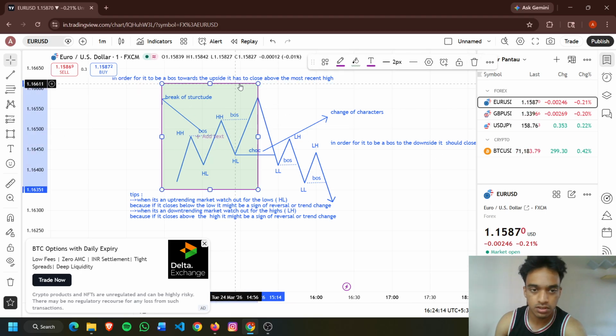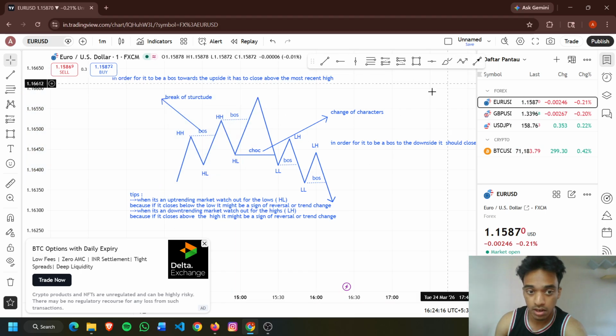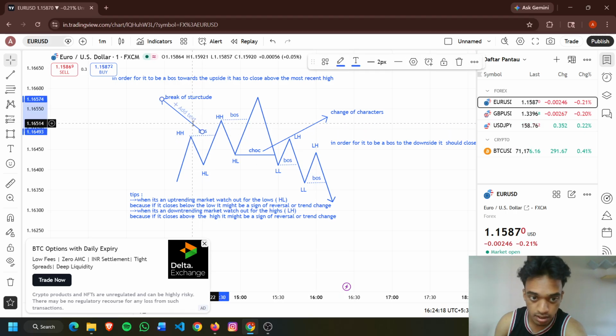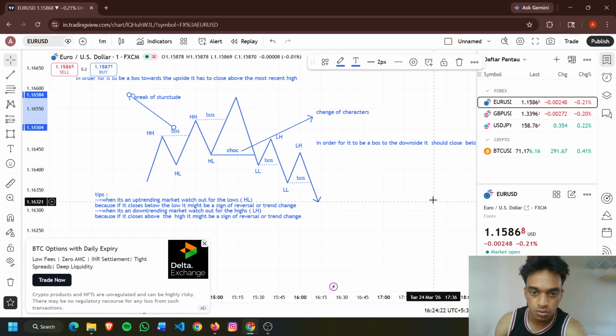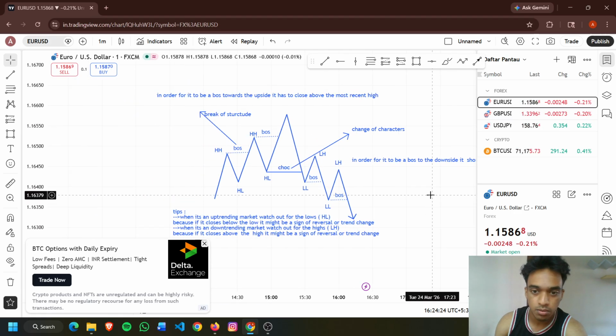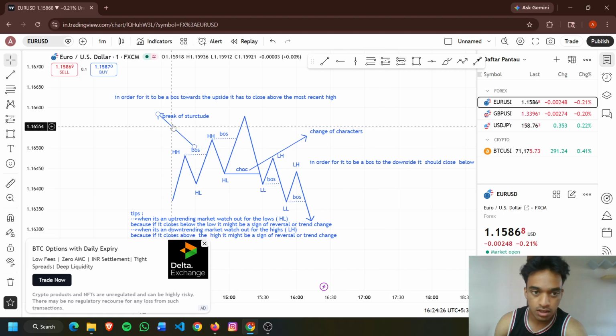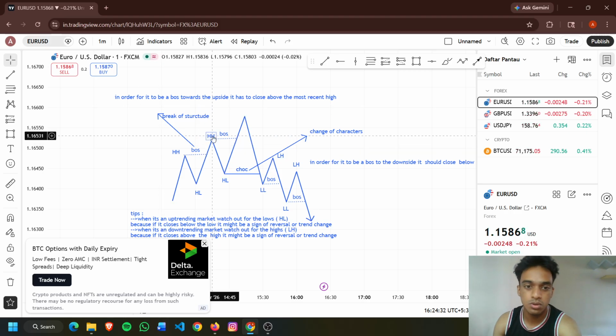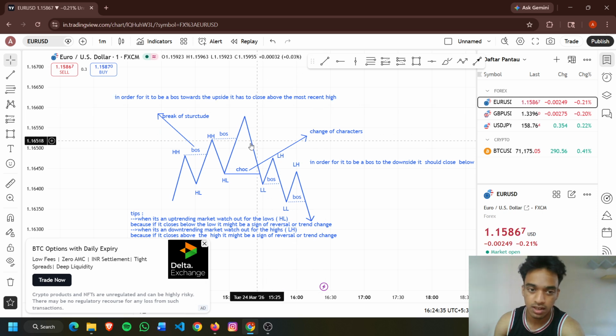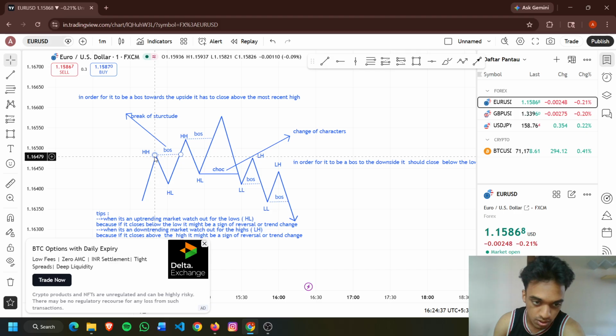So break of structure for an uptrending market, we will usually mark on top. The thing you should remember about break of structure is that in order for it to be a break of structure towards the upside, it has to close above the most recent high. So this is the most recent high.